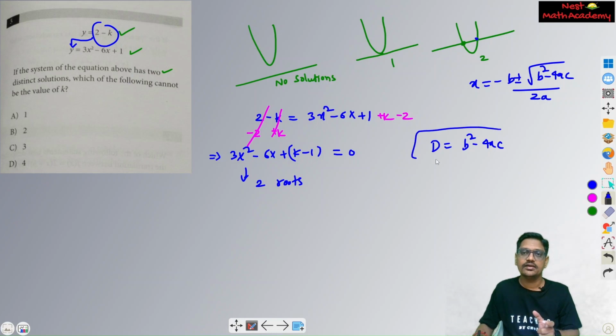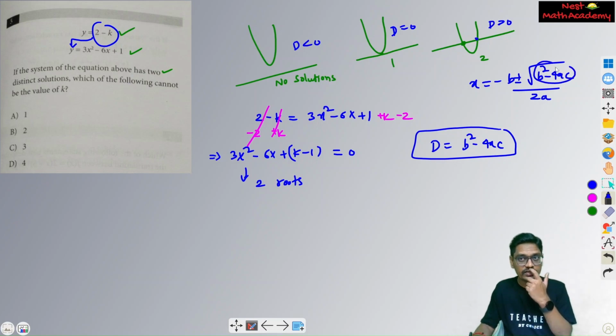Based on the sign of that, whether it is greater than 0 or is equal to 0, less than 0, based on that we decide the number of roots. If d is less than 0 means no real roots for the quadratic equation. Complex numbers will be the roots. D is equal to 0, equal roots will come. D greater than 0, inside the square root a positive number is there, this quantity becomes positive, then we say that it has two real roots.